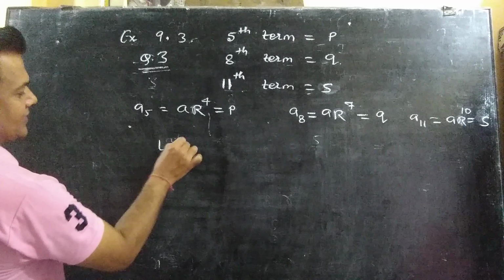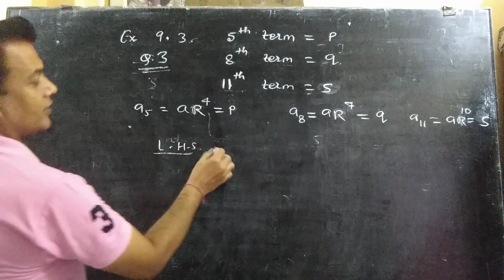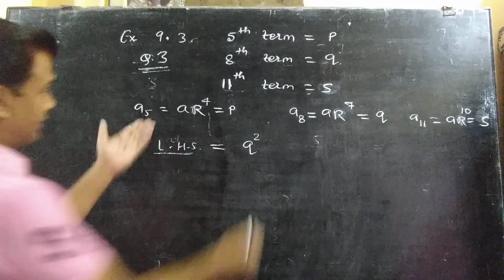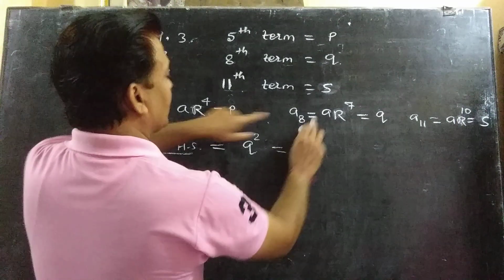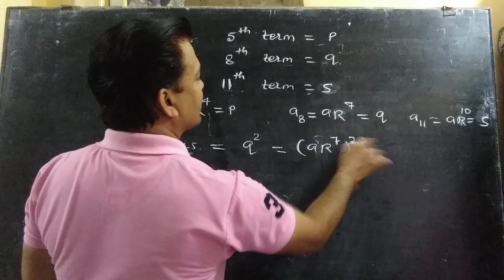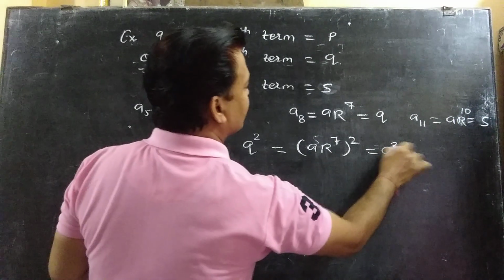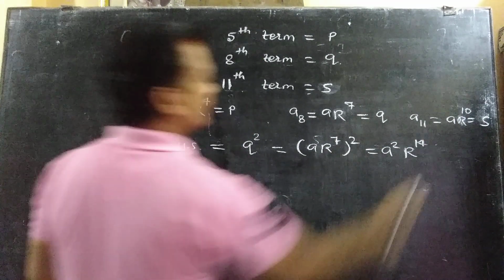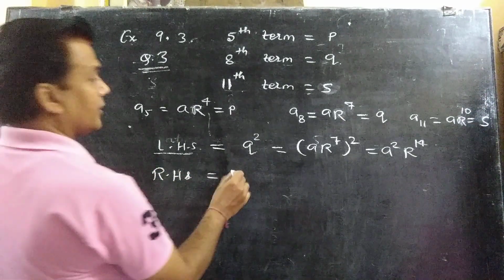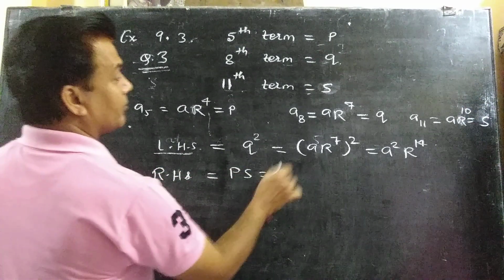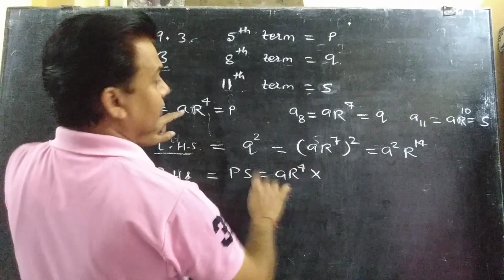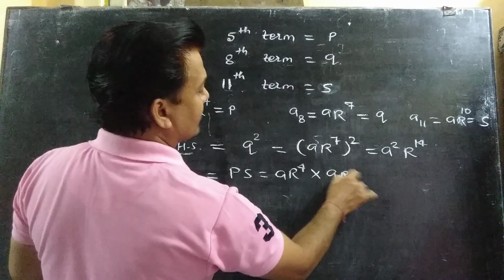टेकिंग LHS, Q square, which means Q is this one, a R raised to 7 square, which will become a square R raised to 14. And now RHS. What is RHS here? PS. P is a R raised to 4 into S is a R raised to 10.